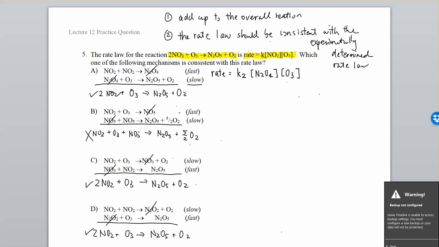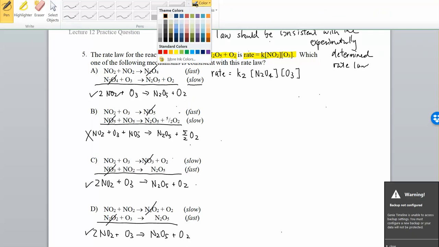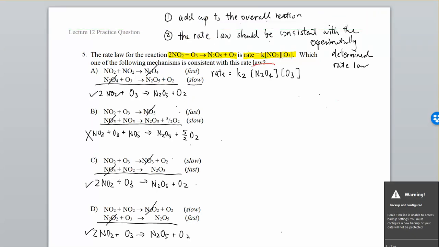However, N2O4 is an intermediate, and the rate law for the overall reaction cannot have an intermediate.